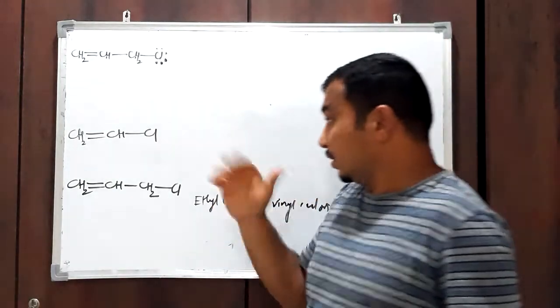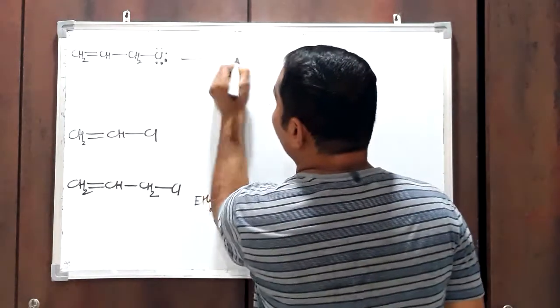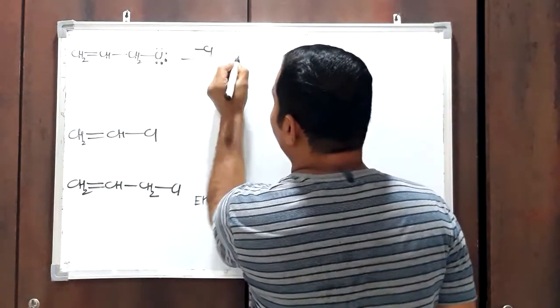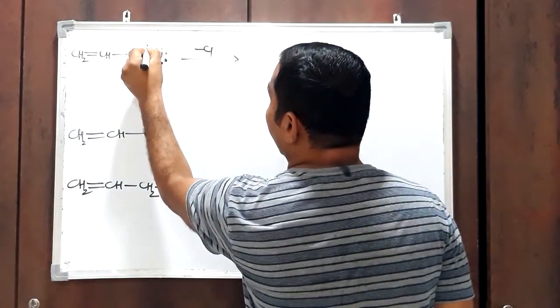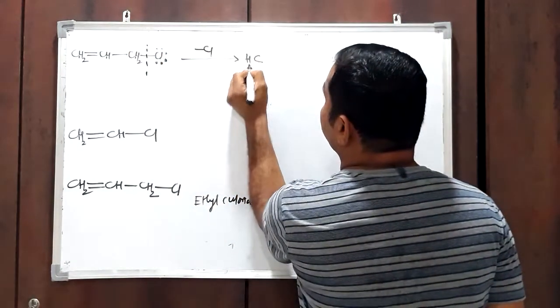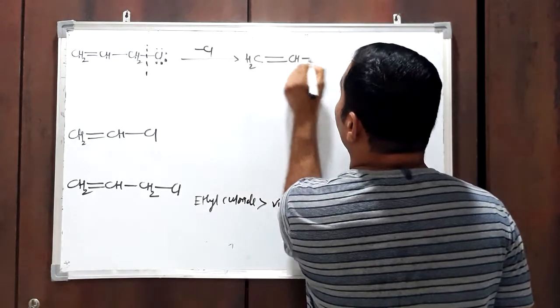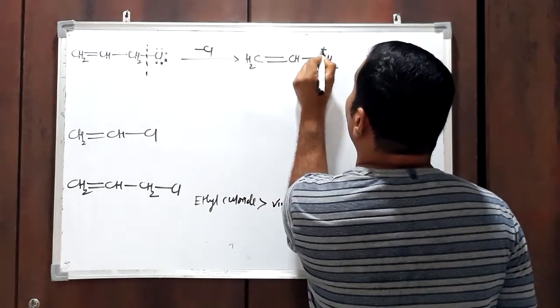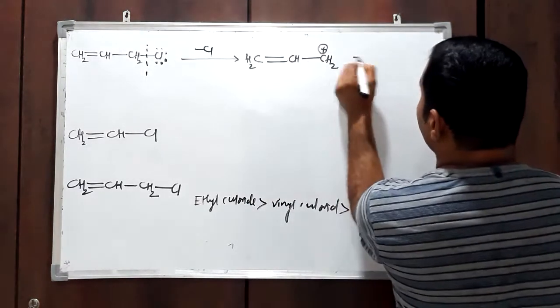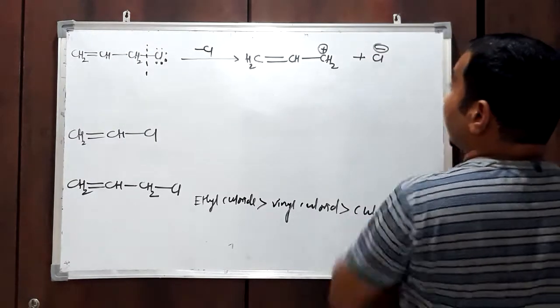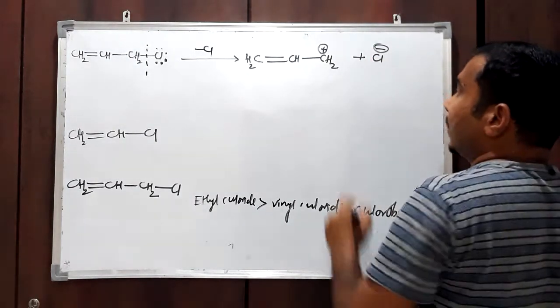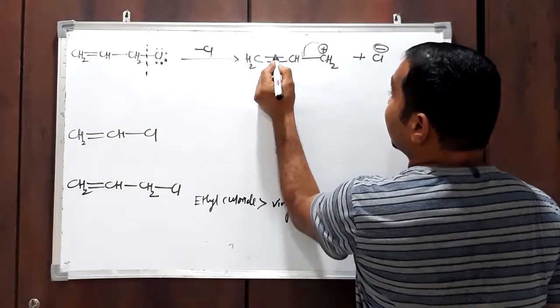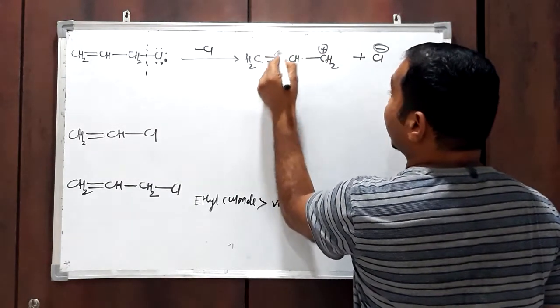But see again, if we remove this chlorine, you will get a carbocation. The positive charge on the carbon is in conjugation with the double bond.